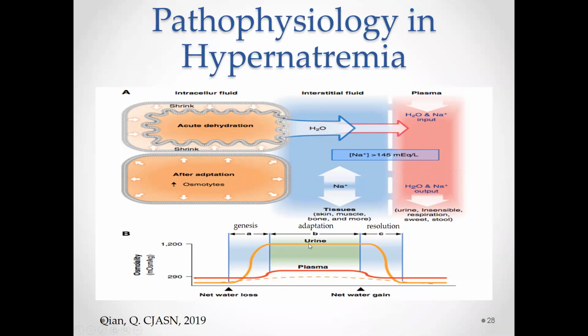It will keep doing that until it can't anymore, outpaced by the loss of water, and then the plasma osmolality will increase along with it. It will continue until the osmolality in the plasma drops before it stops.